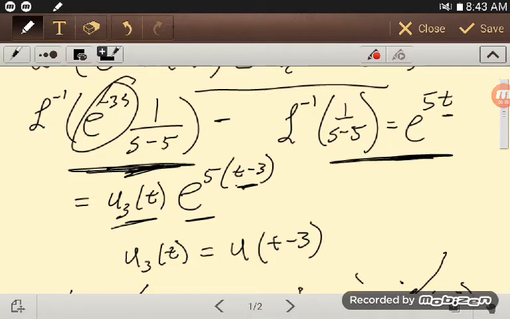So we did that, and then just toss that unit step function or Heaviside function that changes at 3 in front of it. Okay, so that's the idea.